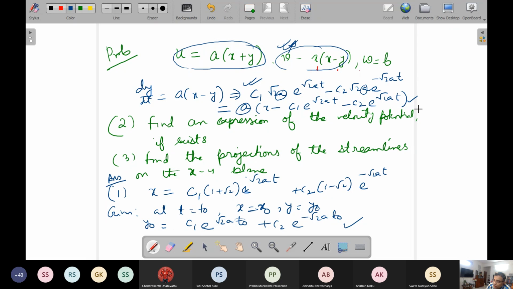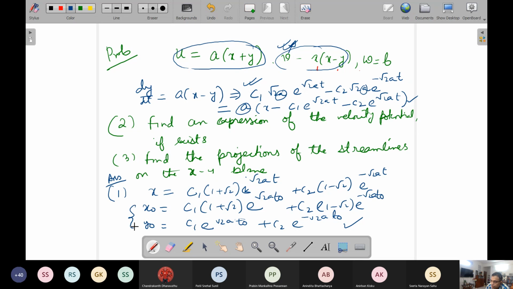So at time equal to t0, you have x equal to x0. So let us put that here, so that x0 is equal to C1 into 1 plus root 2 e to the power root 2a t0 plus C2 into 1 minus root 2 into e to the power minus root 2a t0.